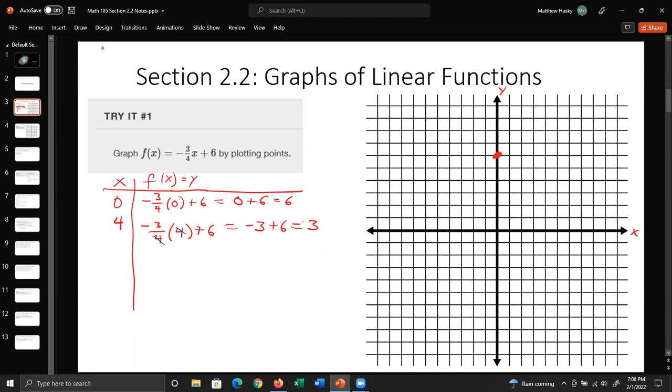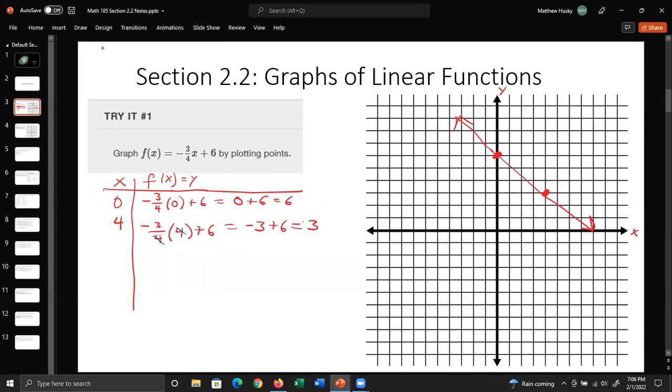So I'm going to go over to 4 on the x-axis: 1, 2, 3, 4. Go up 3: 1, 2, 3. And that'll put me at that point right there. And then we go ahead and draw a straight line here. And there you have it.